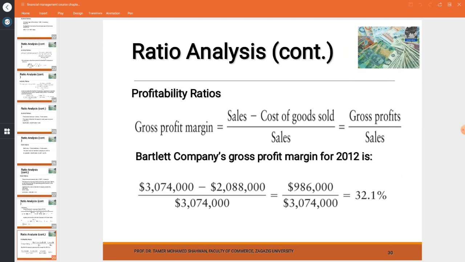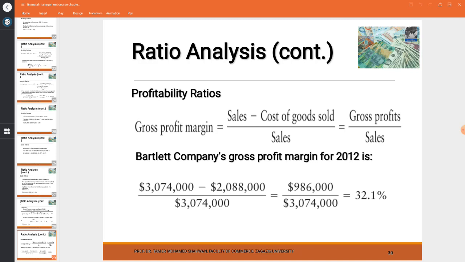The fourth subsection, which is very important for every investor and also for the manager, is called profitability. If you are interested to assess the profitability of a specific firm, this could be assessed by what we call profitability ratios.